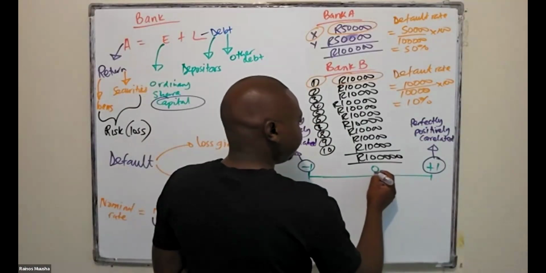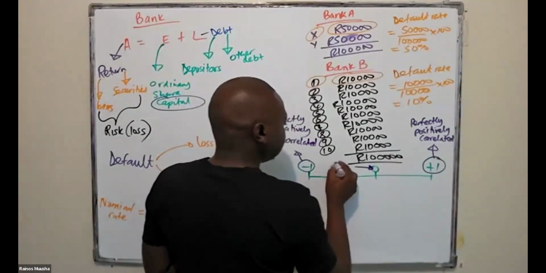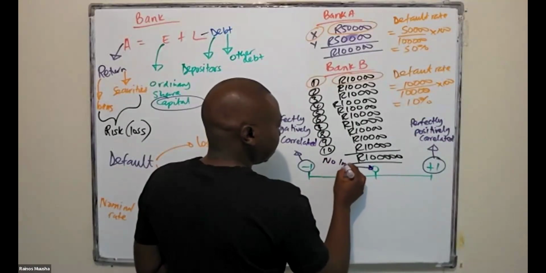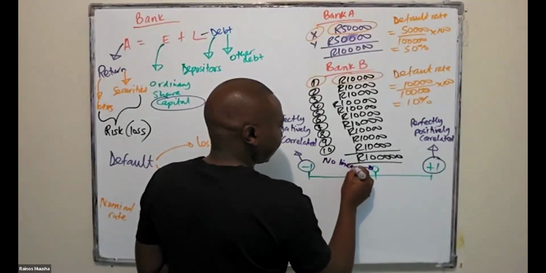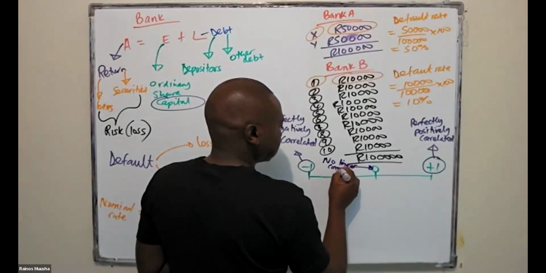And when the correlation coefficient is 0, we simply say there is no linear correlation.